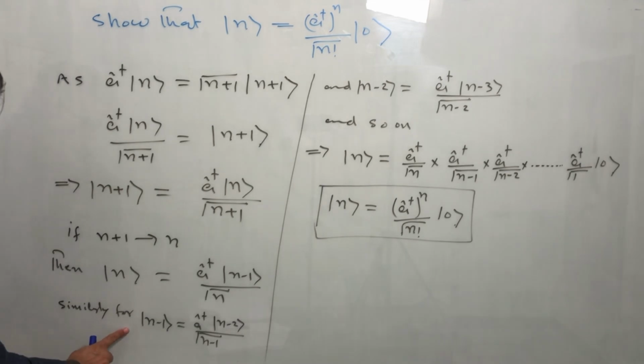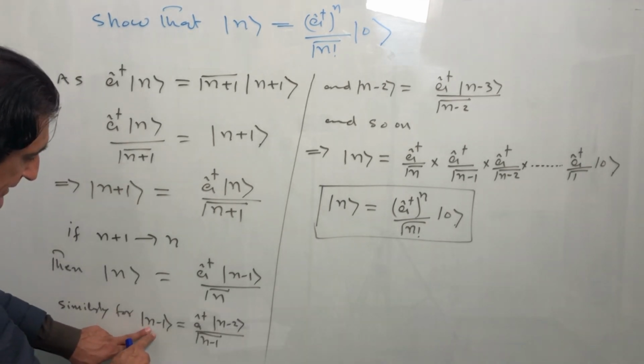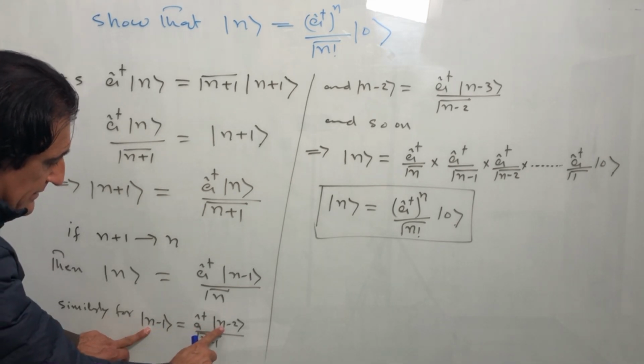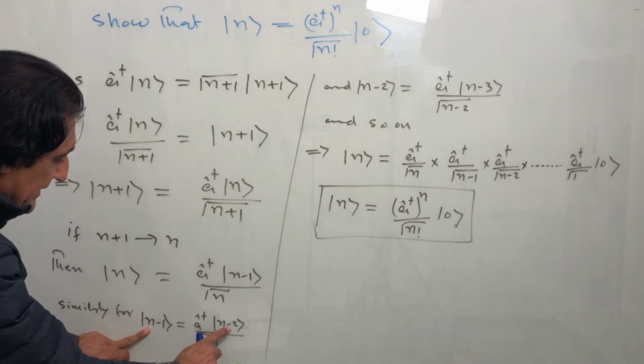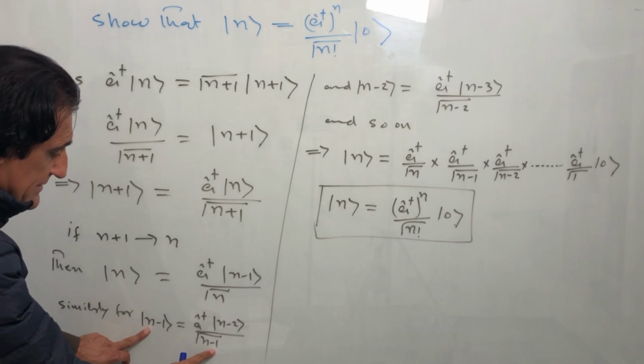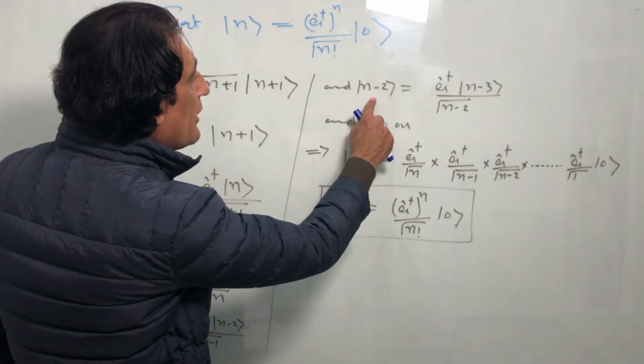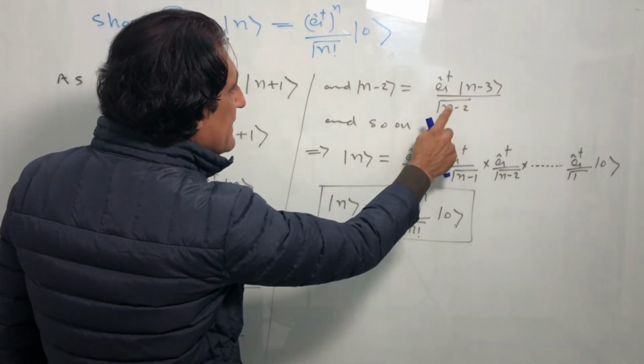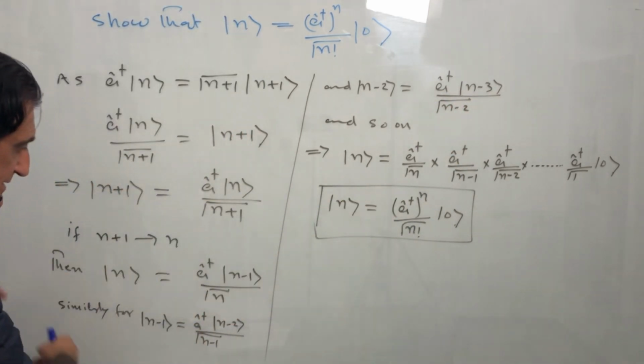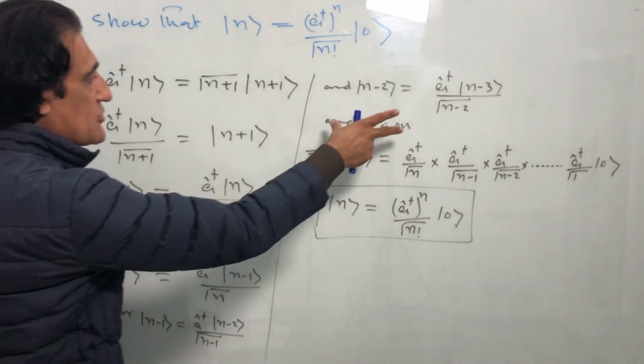And similarly, using this condition, n minus 1, here we will get n minus 2, and this will be n minus 1. And further, this n minus 2 must be equal to n minus 3 and n minus 2. So this process can be continuous, and so on.